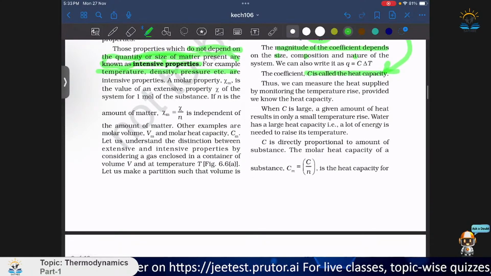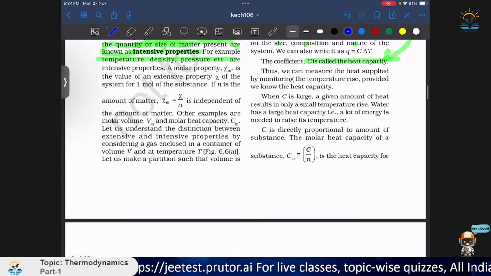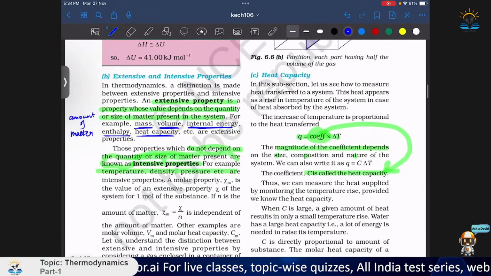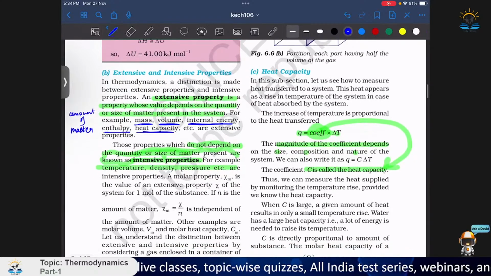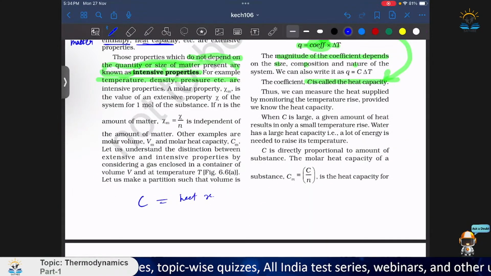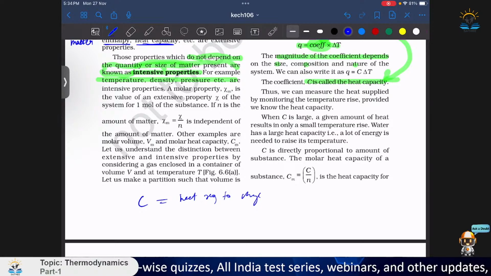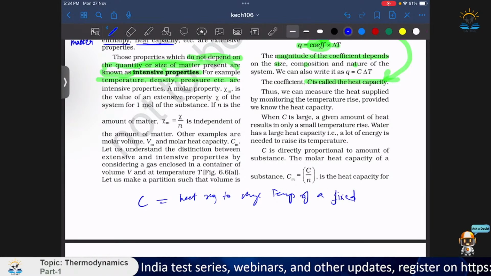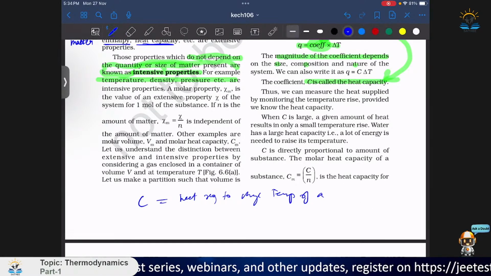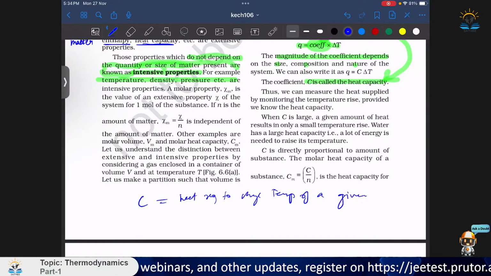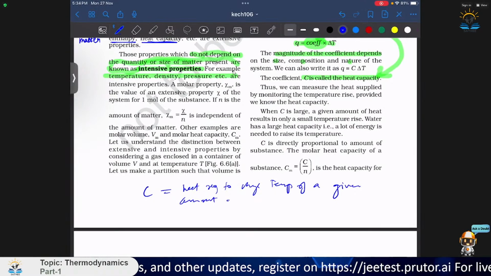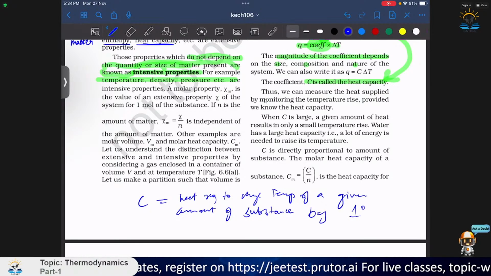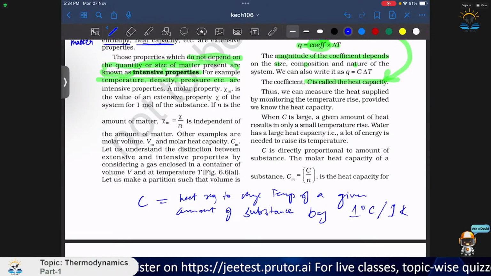What is heat capacity? By definition, heat capacity C is the heat required to change the temperature of a given amount of substance by 1 degree Celsius or 1 Kelvin.